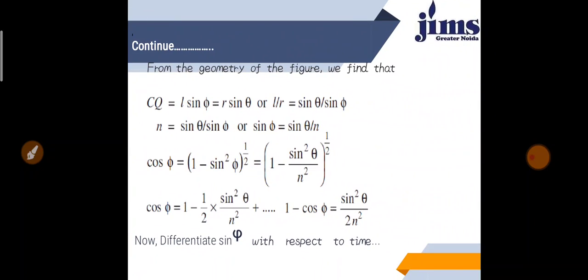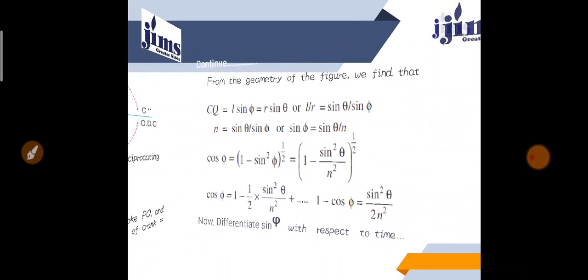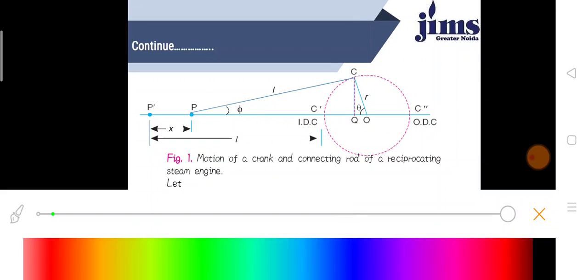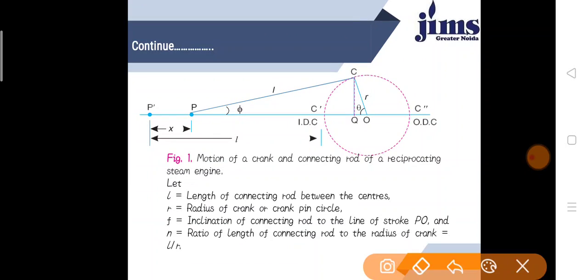Okay, from the geometry of the figure we find the value of CQ. CQ is the common line between both the triangles CQO and CQP. When we consider the triangle CQO, then CQ equals r sine theta.